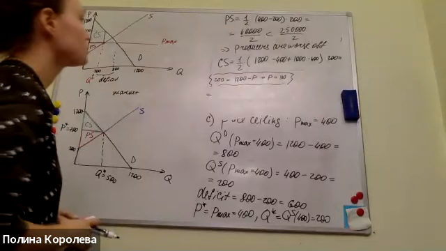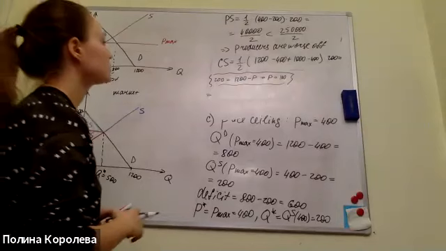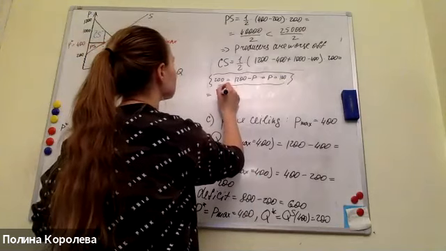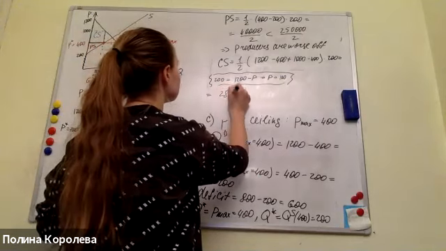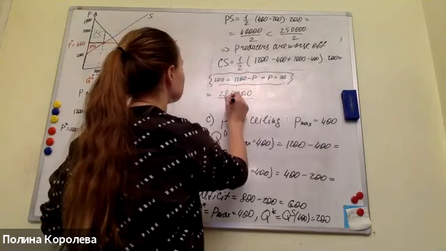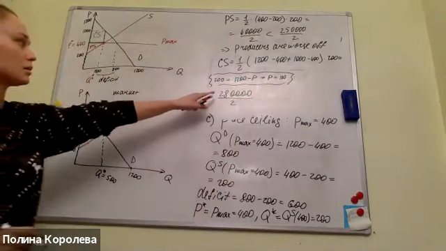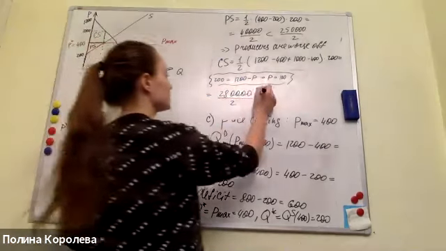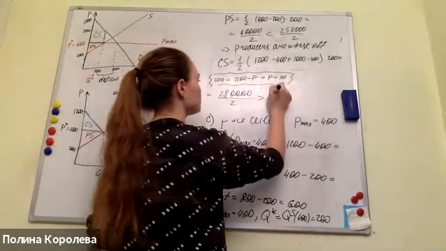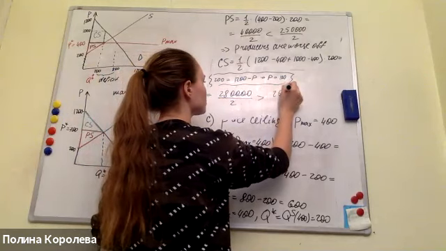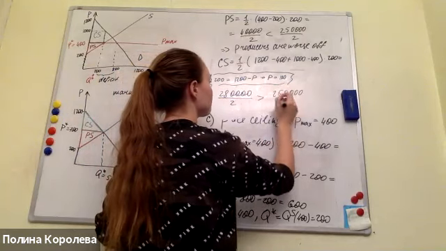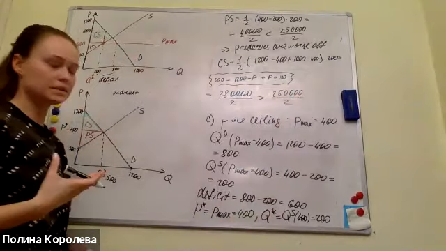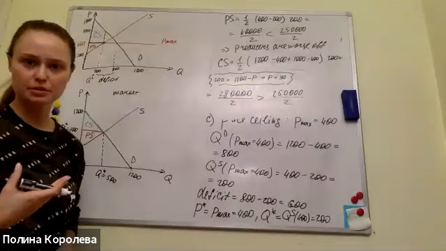Let's calculate. You see, 280 thousand over 2, and this is bigger than before the government intervention. So after such a policy, consumers are better off.